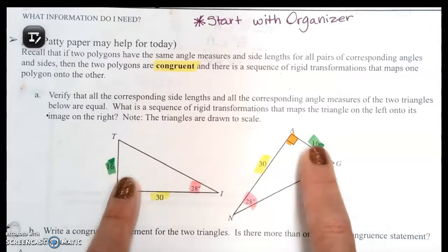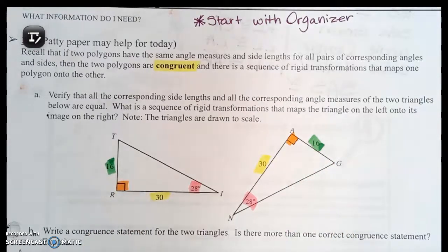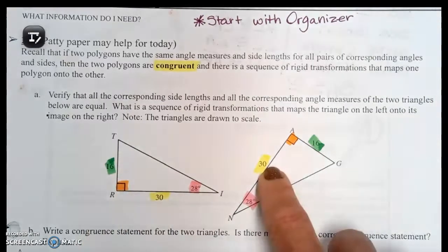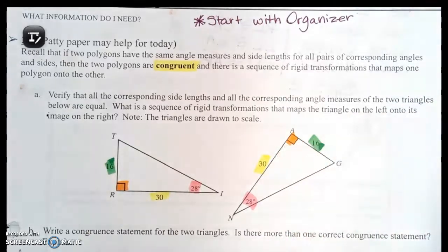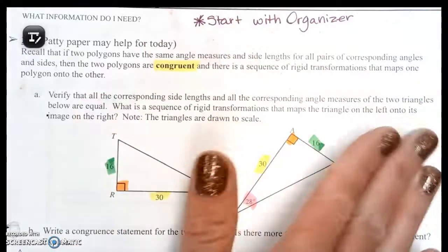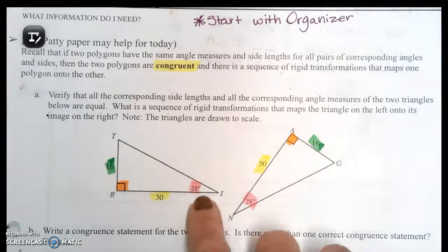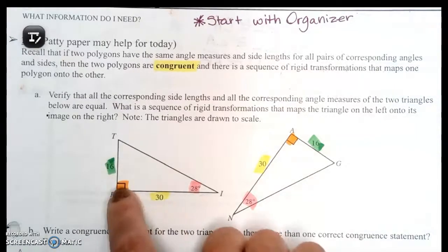Okay? What this tells me is that they have the same order: pink, yellow, orange, green. So while this one is turned, or what we call rotated, it still matches up the angle, then the side, then the angle, then the side.